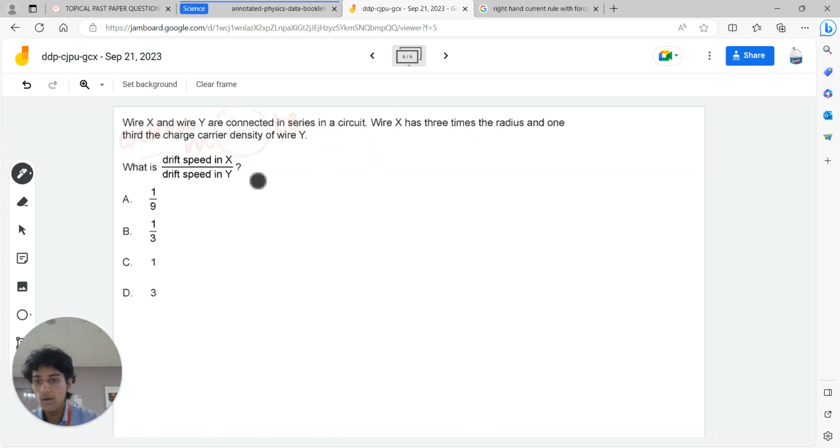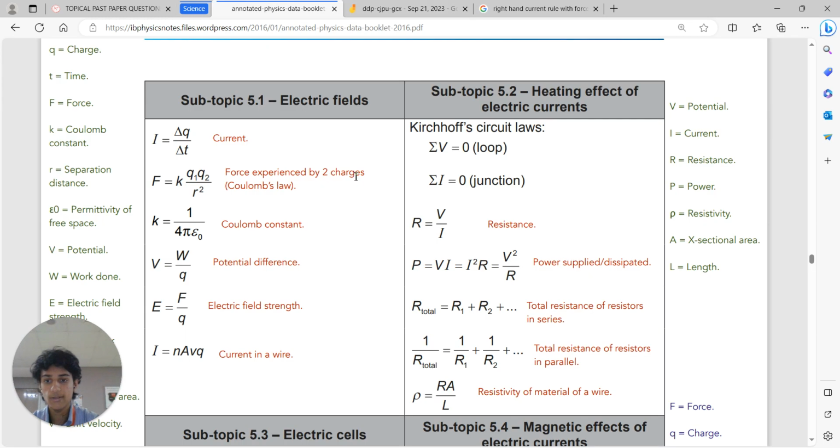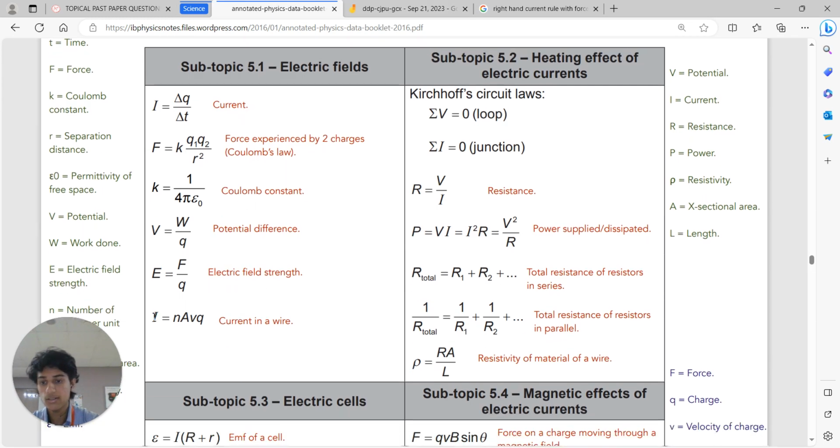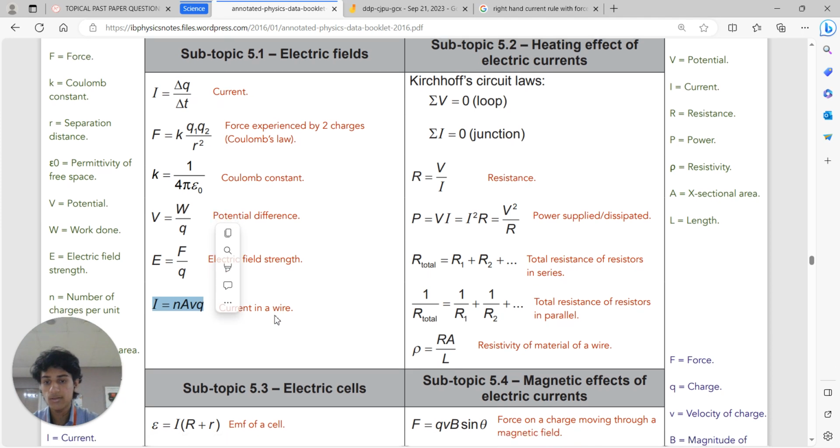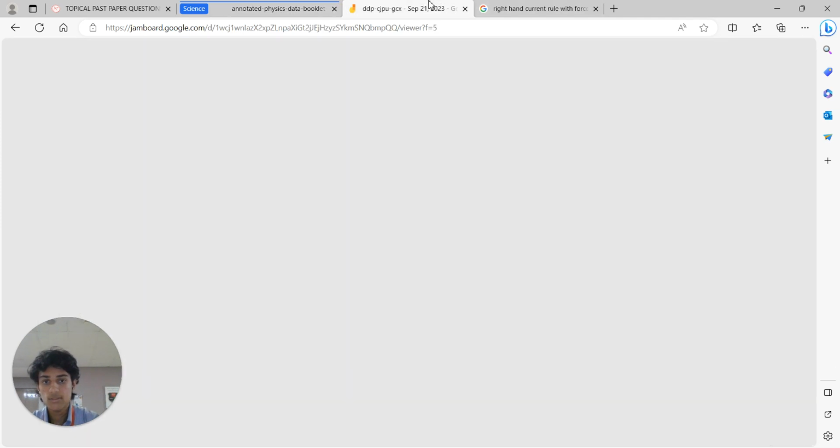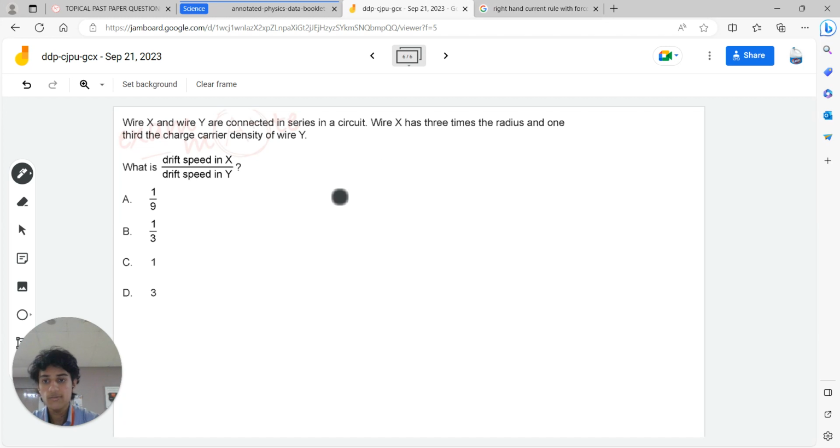Okay. Last question. Wires X and Y are connected in series in a circuit. Wire X has 3 times the radius and 1/3 the charge carrier density of wire Y. What is the drift speed in X over the drift speed in Y? If you go to your data booklet, we would have to use this formula here for the current in a wire. We can assume the current in both wires is the same.